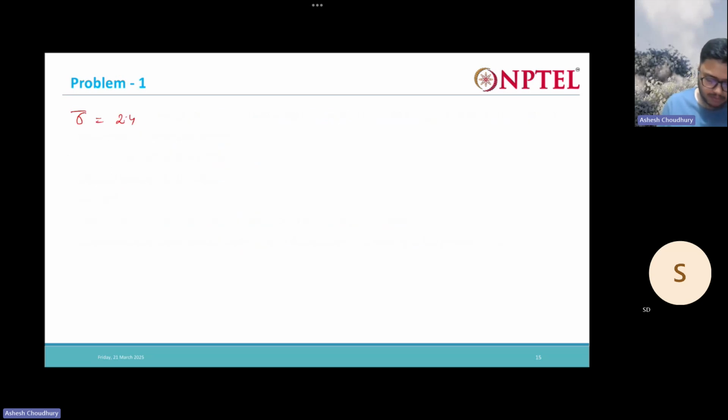2.4 into 17.06 plus 2.6 times how much? The submerged unit weight. Now, how to get the submerged unit weight? Submerged unit weight is (G minus 1) by (1 plus e) times gamma w.